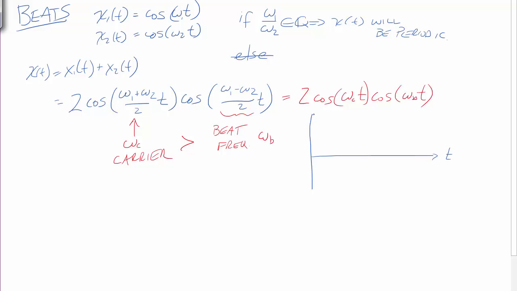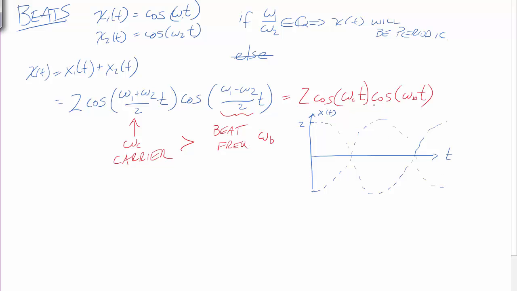If I wanted to plot this x function, I have an amplitude of plus minus 2 now, and a slow frequency cosine multiplying a high frequency cosine. So I sketch this slow frequency cosine, and also its inverse to help me draw.